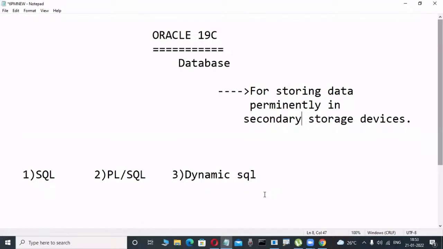ETL developers always need subqueries, joins, materialized views, indexes, partitions, some concepts. Analytical functions like rank, dense rank, lag and lead, some knowledge is required, and PL/SQL stored procedures. Yes, before 10 a.m., 3 batches are there, don't worry, because some syllabus is already going on.